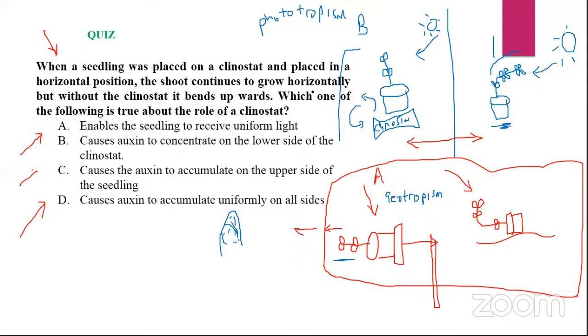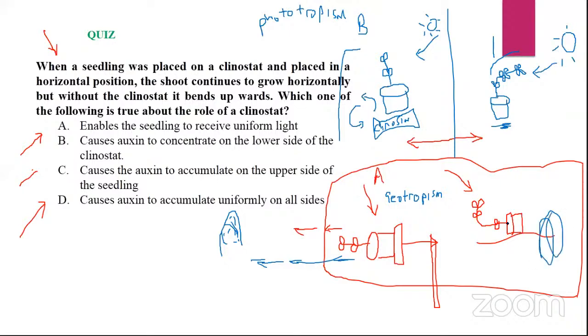Now the shoot which has been placed on a clinostat just continues growing horizontally. But the one which was not placed on a clinostat begins bending upward because it's not being rotated.